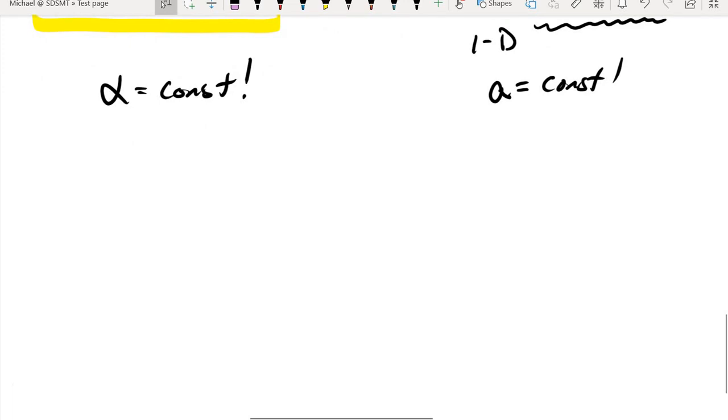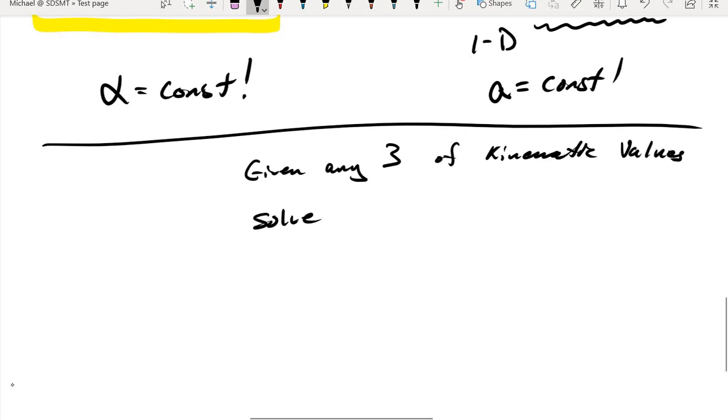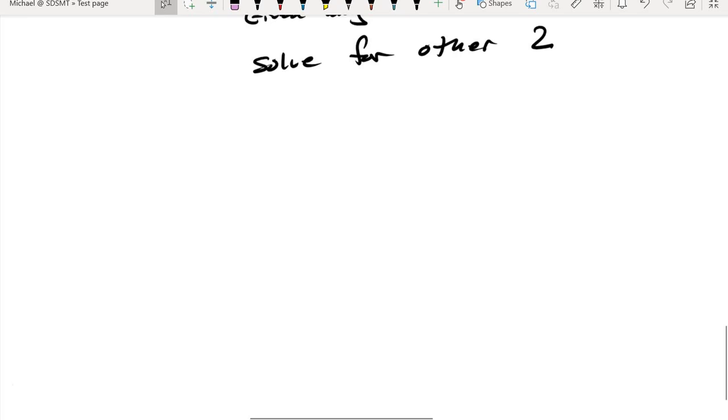So what's next? Well, if you remember from your homework problems and your test problems, given any 3 of the kinematic values, you should be able to solve for the other 2. And so I'll just put some numbers up here.